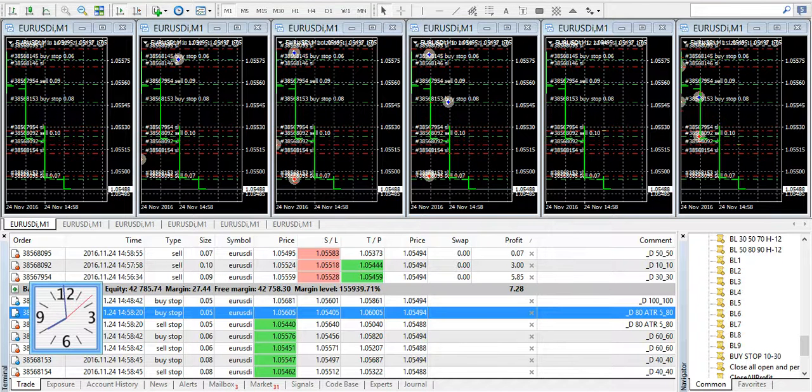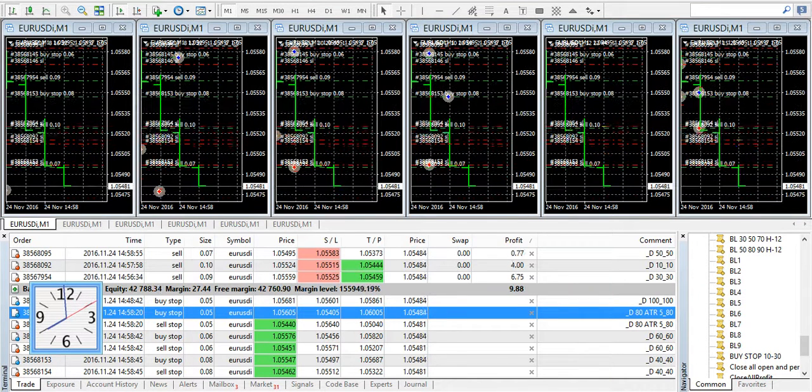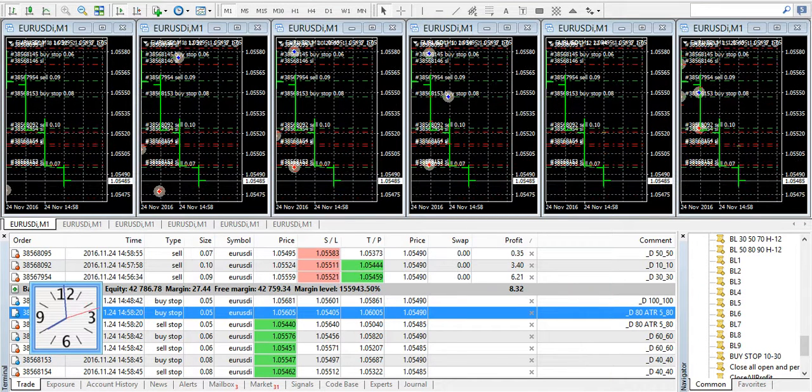We're 2 pips below the 150 yard line. Okay. So 786. So it's up $6.